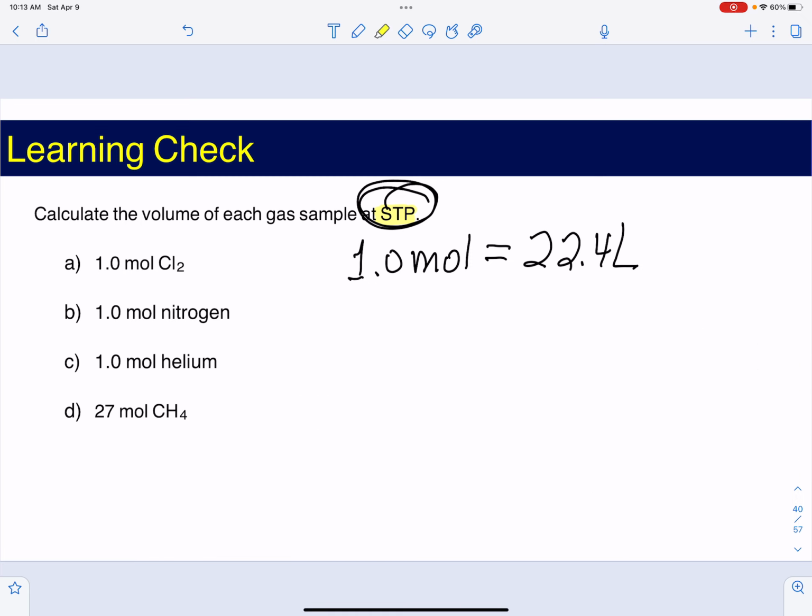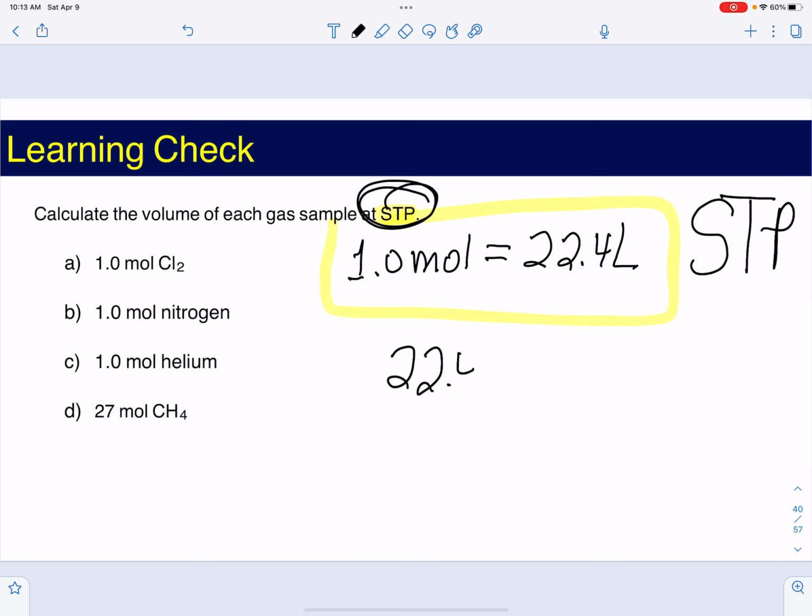So we're not even using the ideal gas law anymore. As long as you tell me that we're dealing with STP conditions, I know that any gas will take 22.4 liters when we only have 1 mole of the gas.